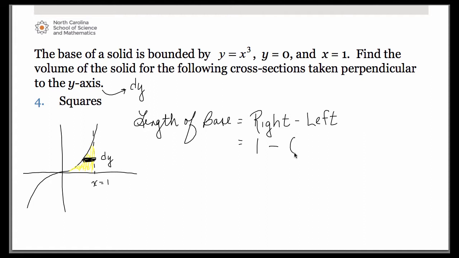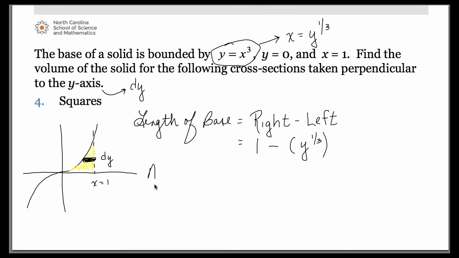On the left side, it's hitting the curve. Now, remember though, it's a dy problem. We cannot use x's. So we need to take this equation and rewrite it in x in terms of y. And that's how we want to work with it. So that's the length of that representative rectangle from left to right.